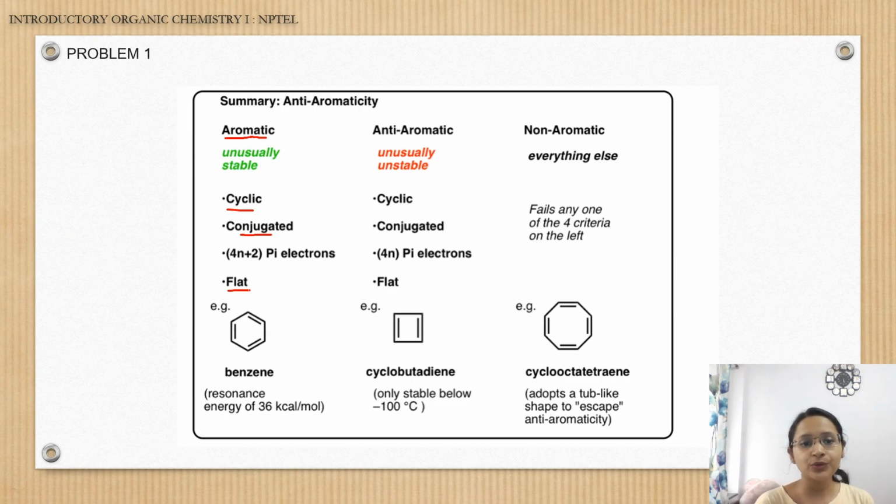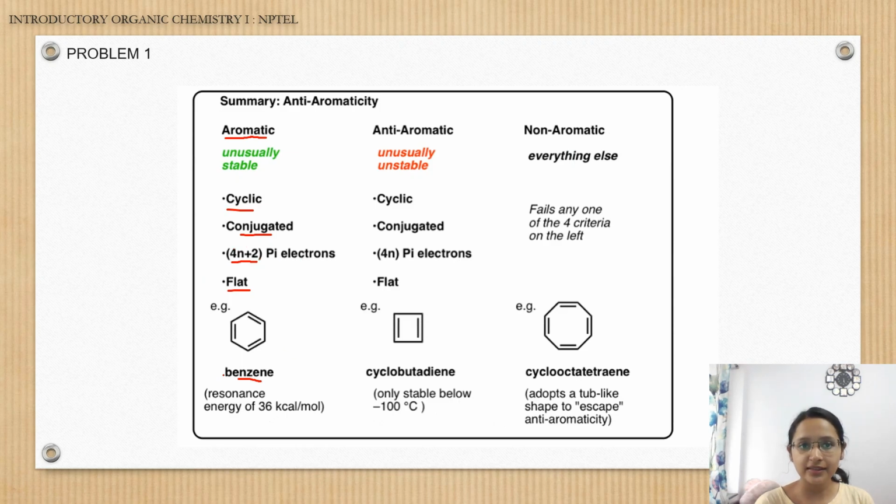When you look at the benzene ring, how many pi electrons does it have? Yes, 6 pi electrons. So it fits the 4n plus 2 rule, where n is equal to 1 and 4 plus 2 is 6.